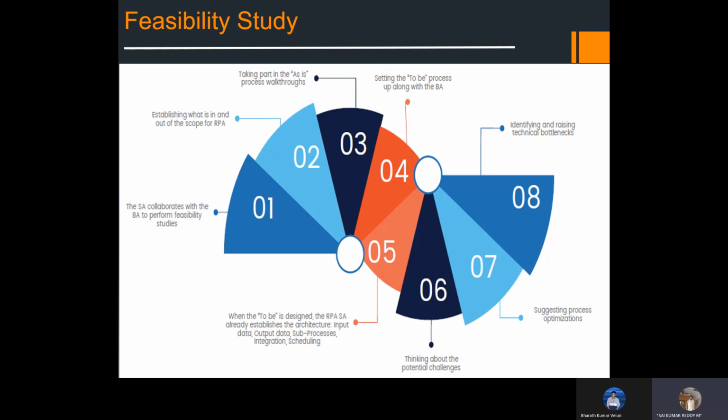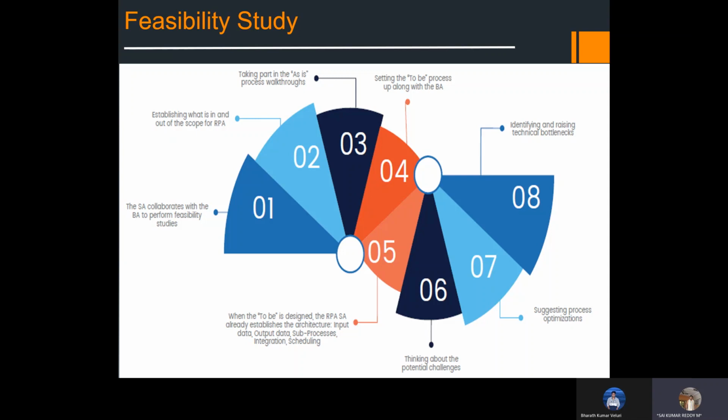And thinking about the potential challenges, meaning what potential challenges we may get for this business automation after a while of working. Once we know the steps, we can forecast such things and document them. And suggesting any optimization, as I mentioned, 10 steps to 6 steps. We need to suggest these things in the to-be process document.